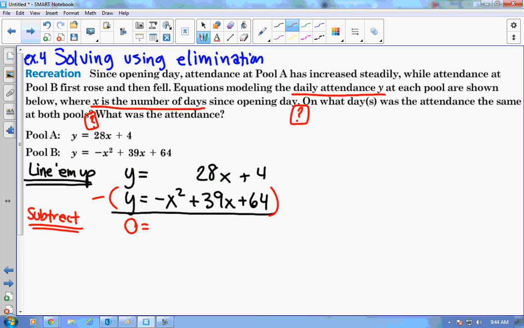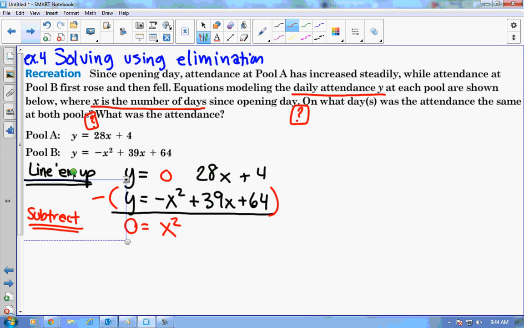Now careful here. 0, right, because there's nothing there. 0 x squared minus a negative x squared. What does that do when we minus a negative x squared? It'd be positive x squared, right? Minusing a negative makes a positive.